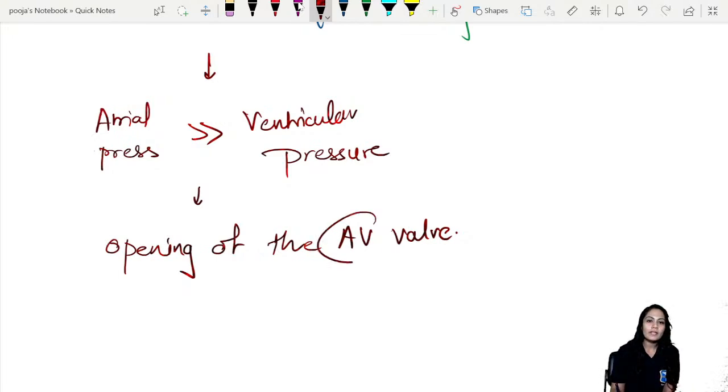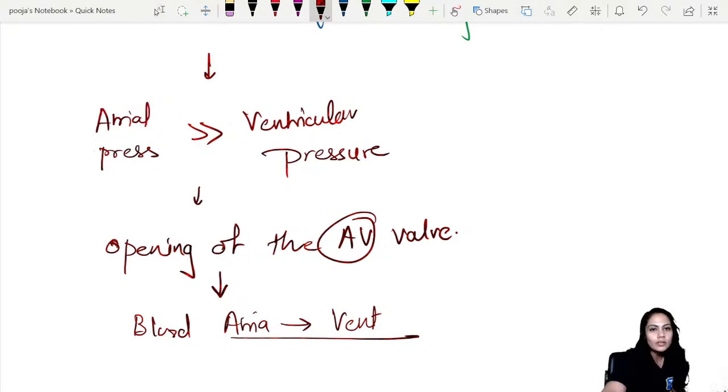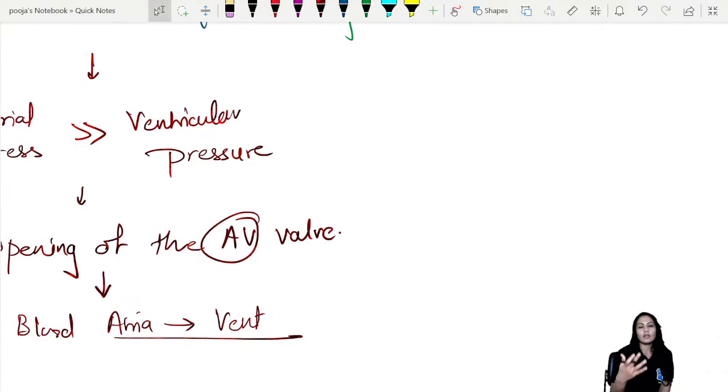So opening of the AV valve, that is the atrioventricular valve, right? And once the AV valves are open, the blood will flow from the atria into the ventricle, right? And that is known as the filling phase.